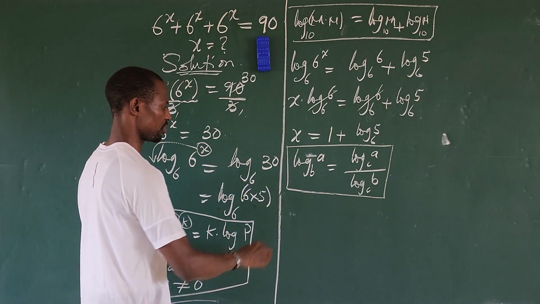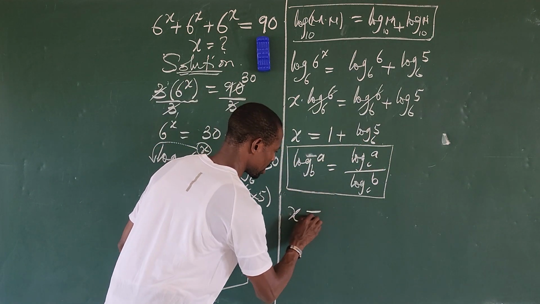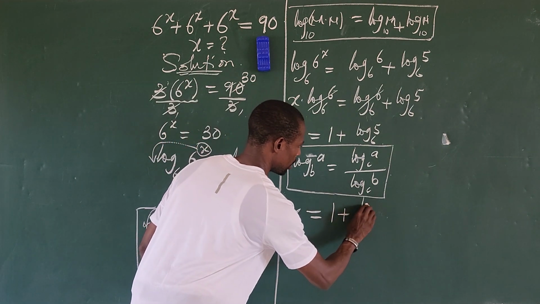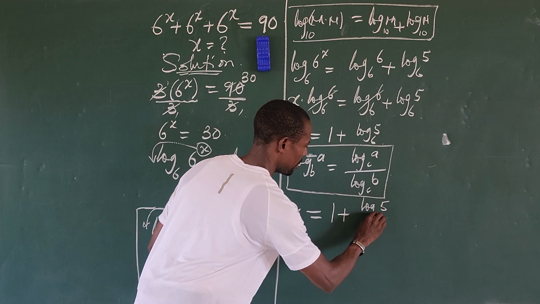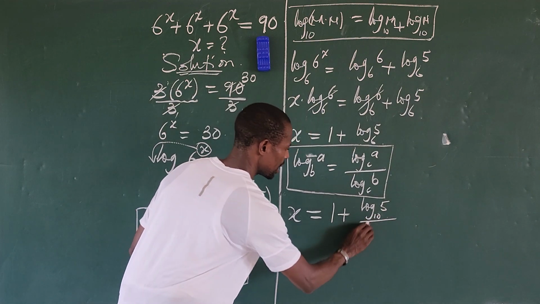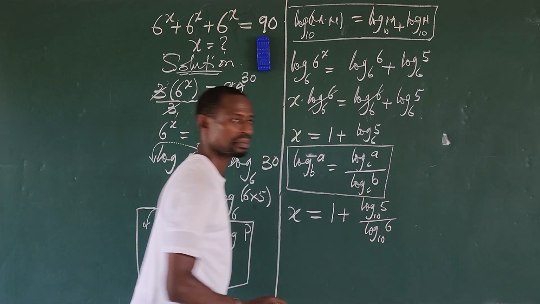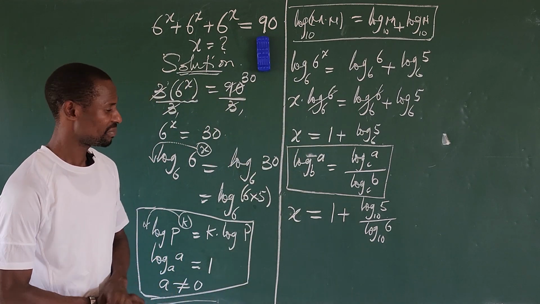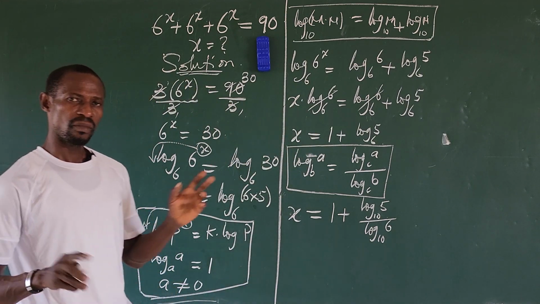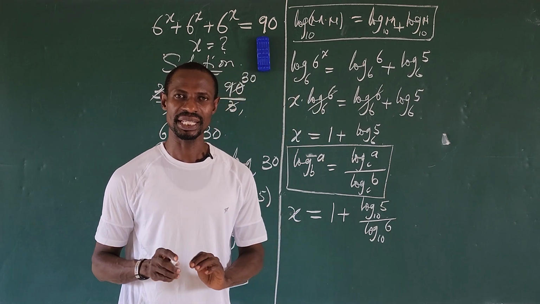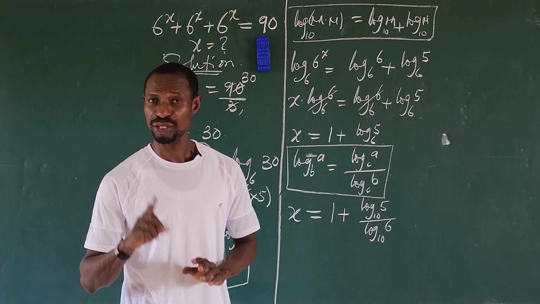And so our equation will automatically become x equals 1 plus log 5 base 10 all over log 6 base 10. Easy. We look again. We want to break this to the simplest form. 6 could be written as 3 times 2.